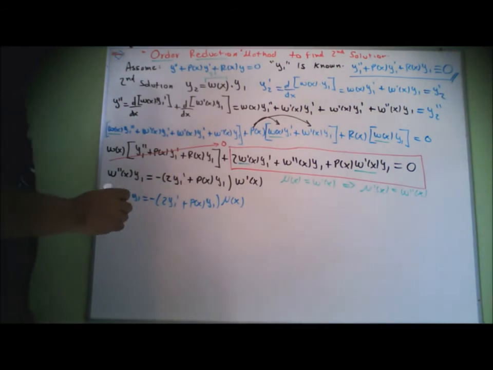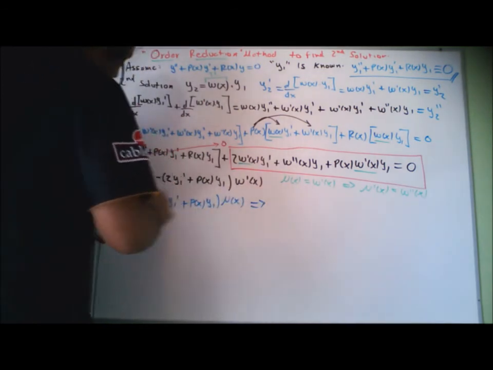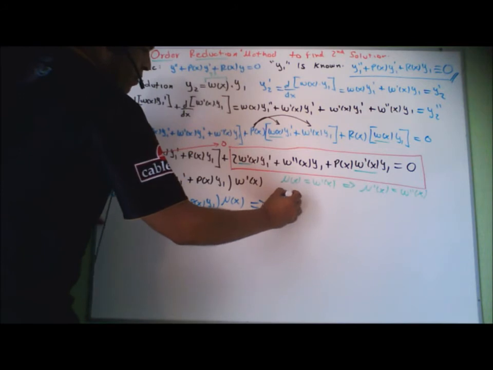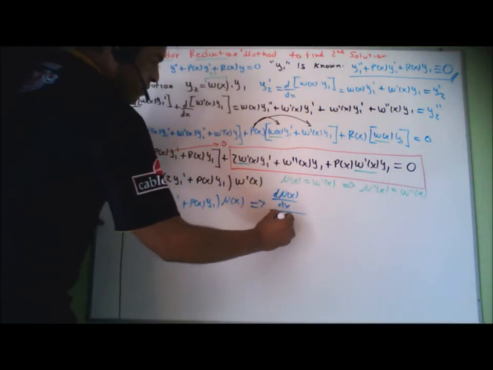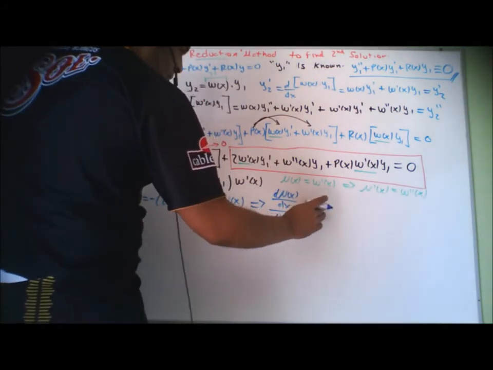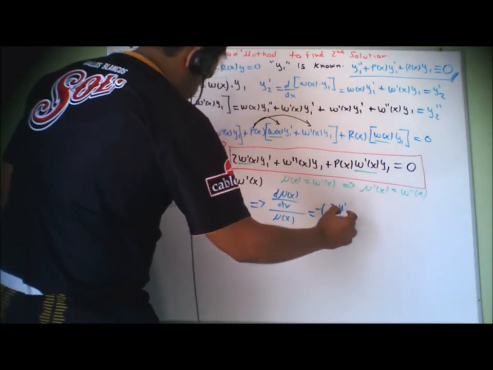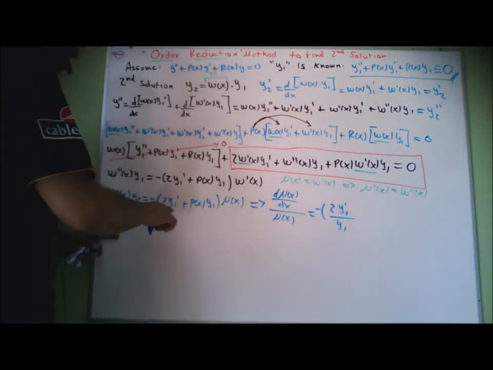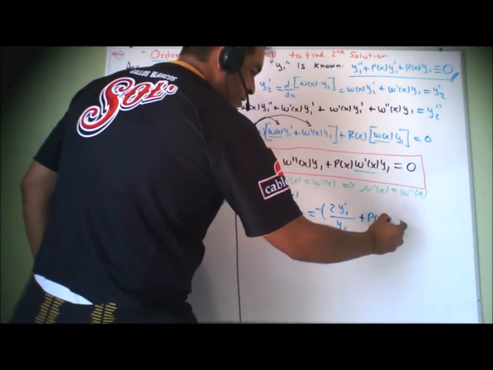So on this side it's going to be mu prime of x, which is actually the derivative of mu of x with respect to x, and then divided by mu of x, equal to minus 2 y1 prime divided by y1. This is going to divide here, but also it's going to divide here, so it's going to be plus p of x.